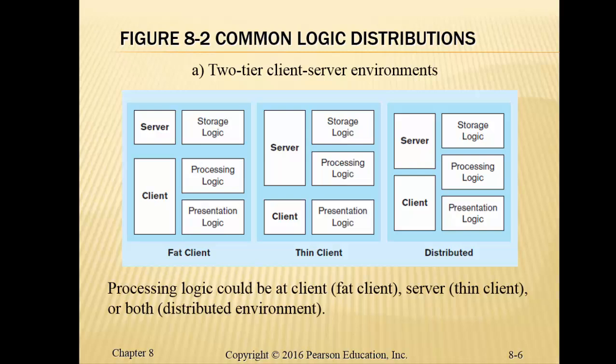So, in terms of logic distributions, that is the programming code locations, we already know that on the left we have a fat client, a very capable computer, most likely a personal computer, that is sitting, for example, on your desk, and a dumb old machine, which is a file server. All it does is serve up files to you, and it basically acts as an additional hard drive.